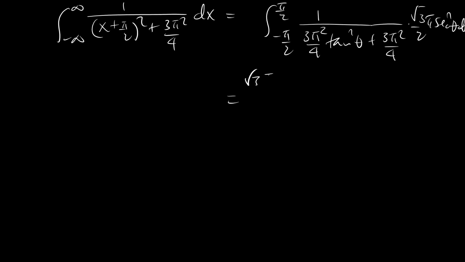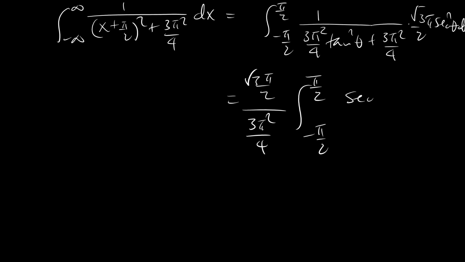We can pull 3 pi squared over 4 out, and so we have sec squared theta at the top, and in the denominator we have sec squared theta, d theta.